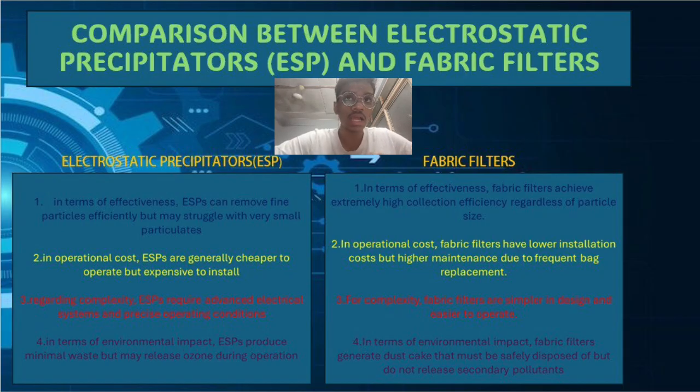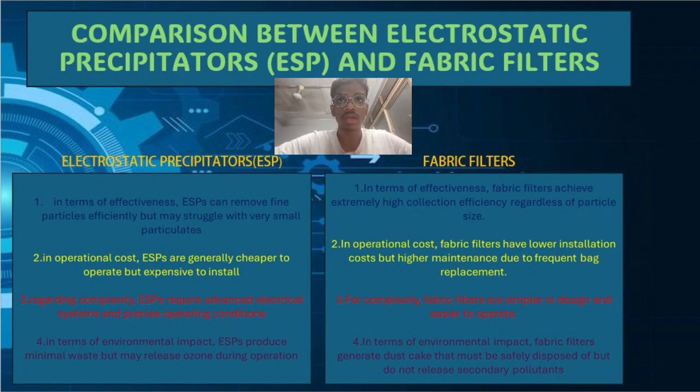And third, we have complexity. ESPs require advanced electrical systems and precise operating conditions, whereas fabric filters are simpler in design and easier to operate.